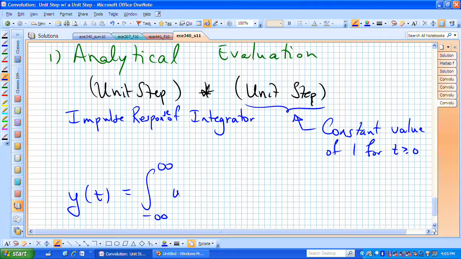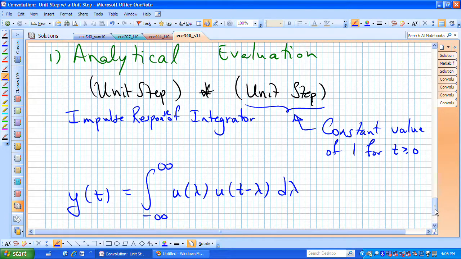Our impulse response is now this unit step. Let's call that u of lambda. We then have the input of our system, which we flip and slide, so we now have u of t minus lambda, and we integrate that with respect to lambda.